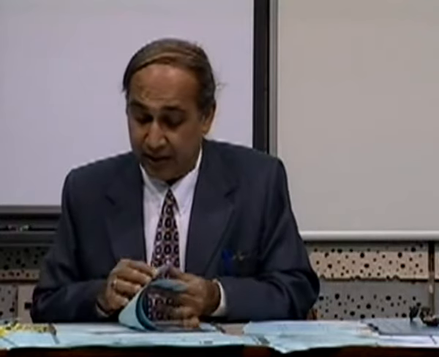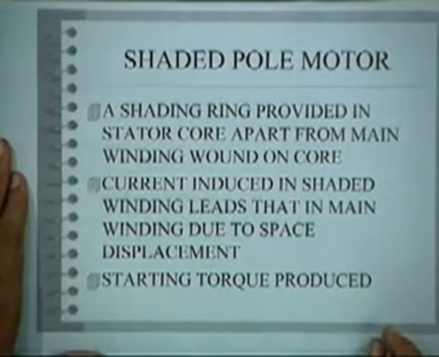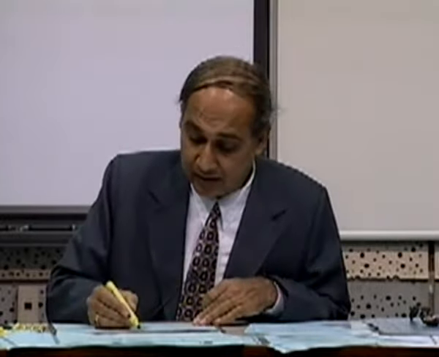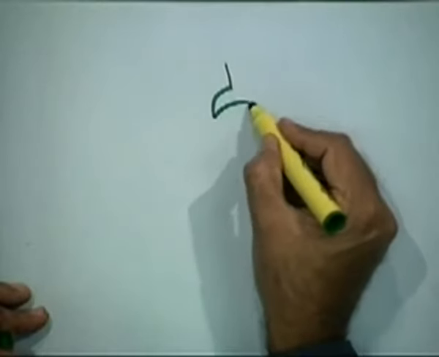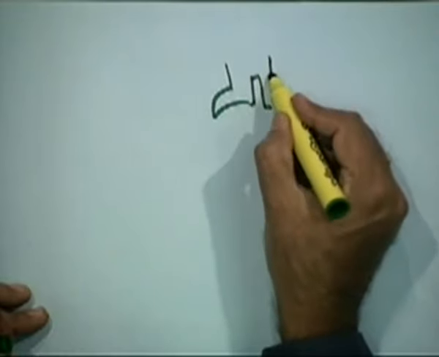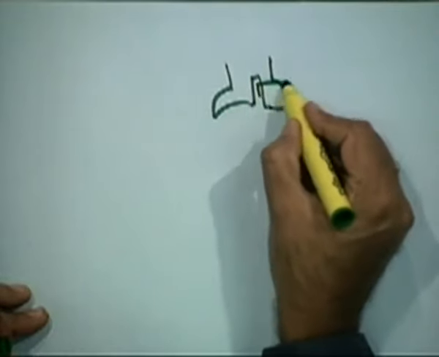Lastly, you know what a shaded pole motor is. Now, in the shaded pole motor, you have in the pole a shading ring.